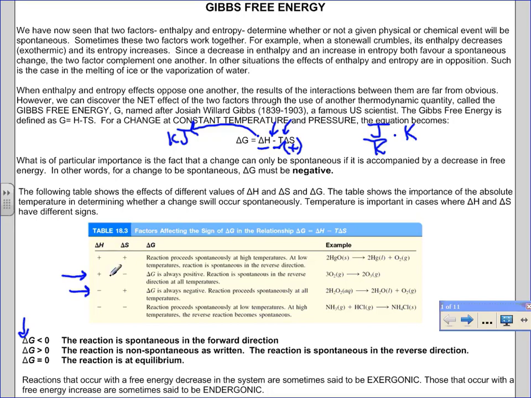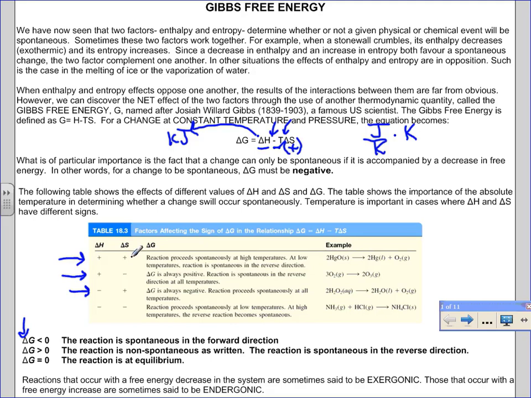Now, those are cases where delta H and delta S are working together in the same direction, but we can also have the opposite. So something like if we are evaporating, the delta H is going to be positive, and the delta S is also going to be positive because there's greater chaos in the gas than in the liquid.